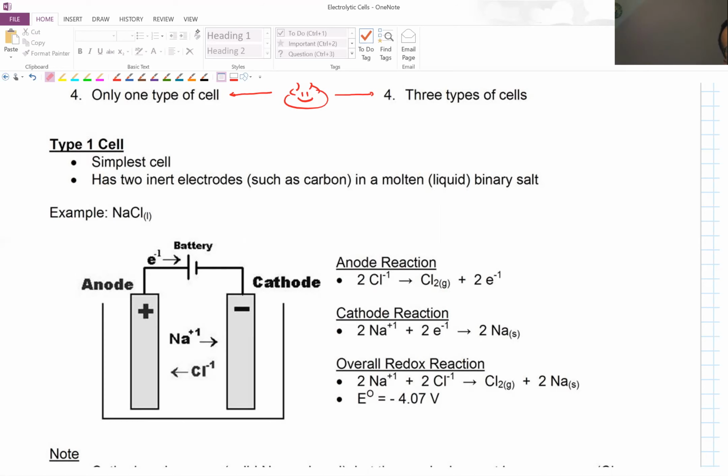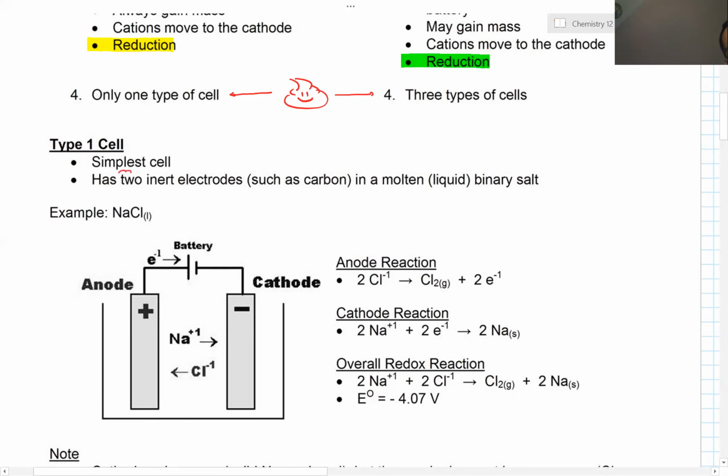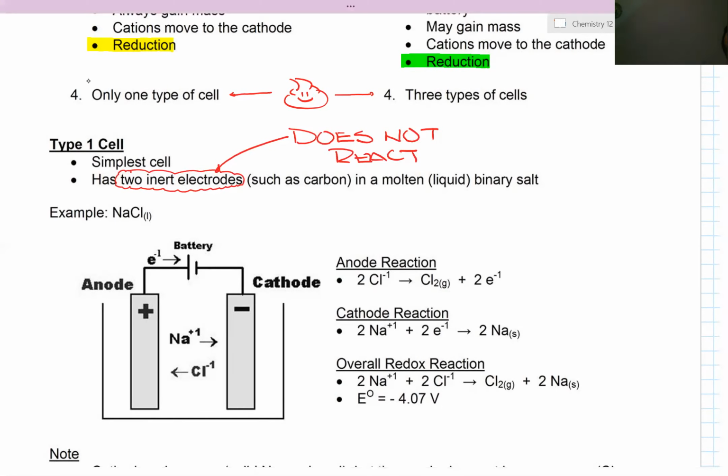What is inert? Inert basically means that it does not react with anything. Okay? And it is in a molten binary salt, so a molten or liquid binary salt.